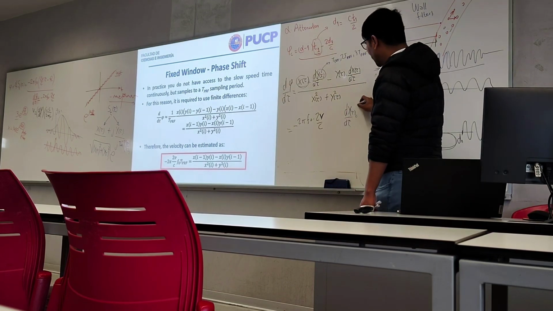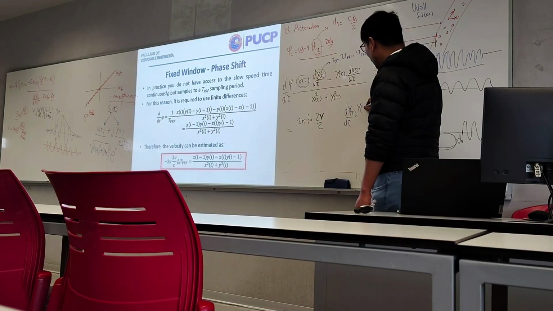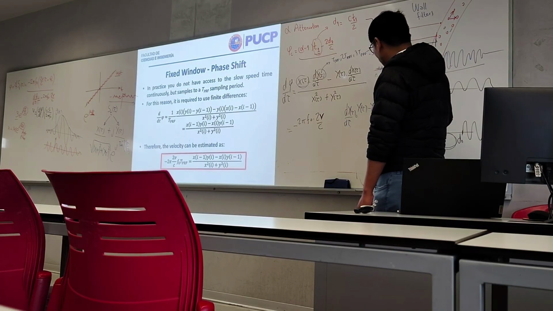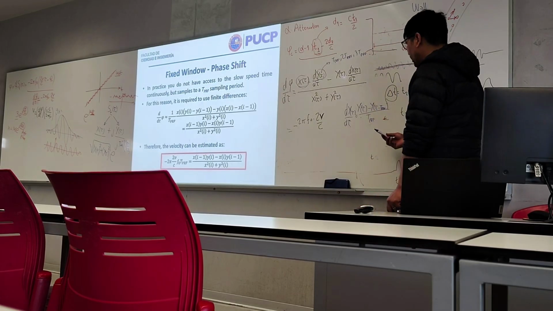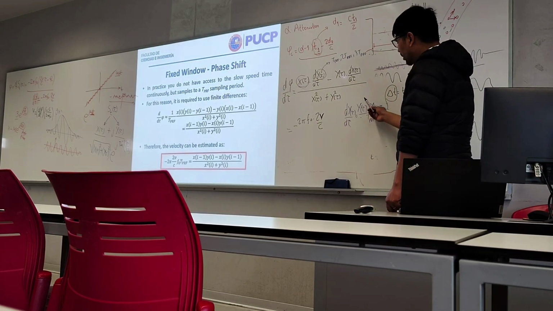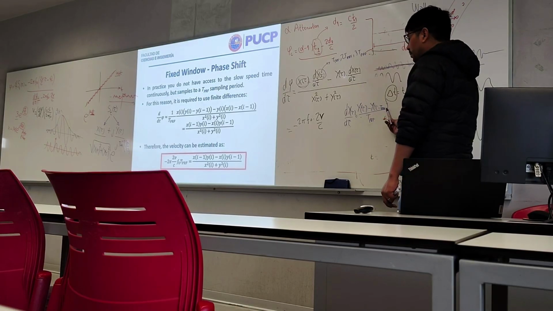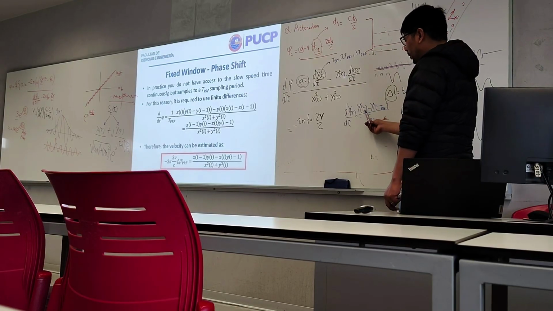The derivative of y(t) with respect to t, remember how the approximation is, for example, y(t) minus y(t minus TPRF), divided by TPRF. This is one sample minus the previous sample, divided by the difference between these two.